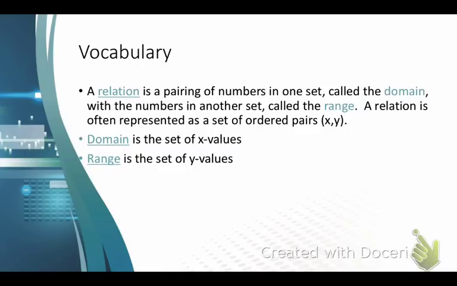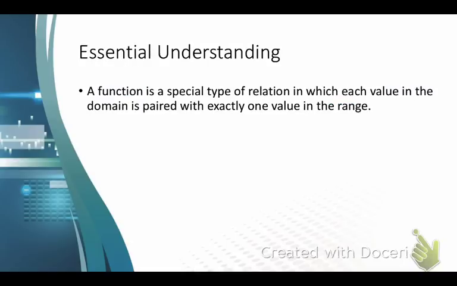As we've been introducing functions the last couple of days, we haven't specifically defined what a function is. An extremely essential piece of understanding is knowing what a function is. A function is a special type of relation, a pairing of numbers, in which each value in the domain is paired with exactly one value in the range.